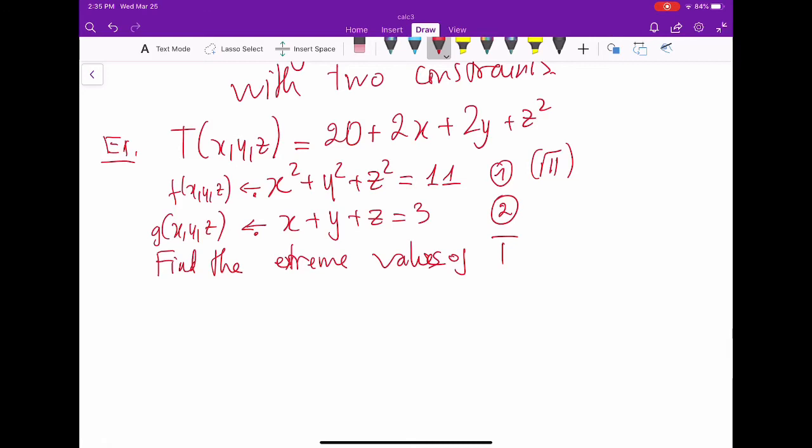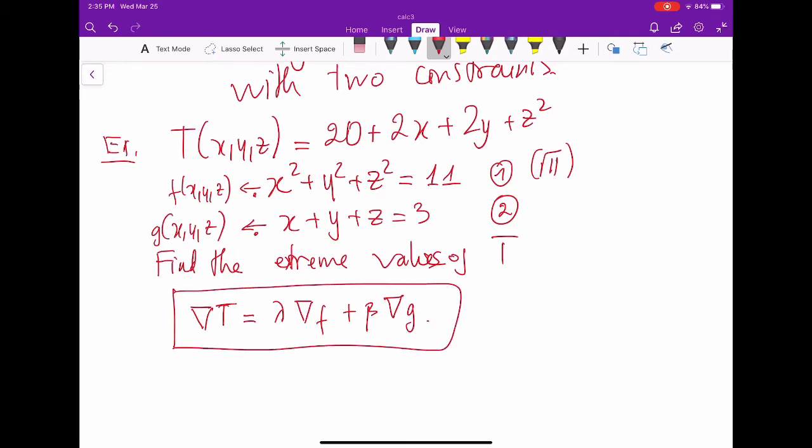And we have gradient of t equal to lambda gradient of f plus beta gradient of g. So how to understand this equation?